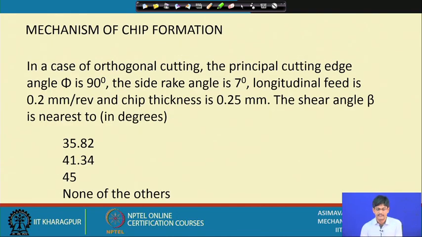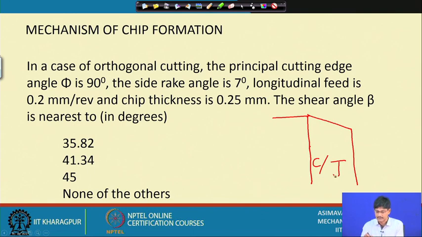Yeah, in this case, what we can do is that let us draw the cutting tool and immediately something will become very clear to us. Phi is equal to 90 degrees. That is it. This is the cutting tool. I am writing in short, cutting tool. This happens to be the angle phi, and therefore, we can say that the orthogonal plane is here.